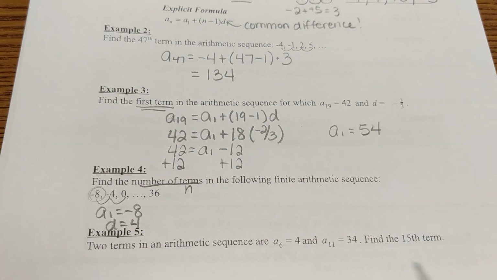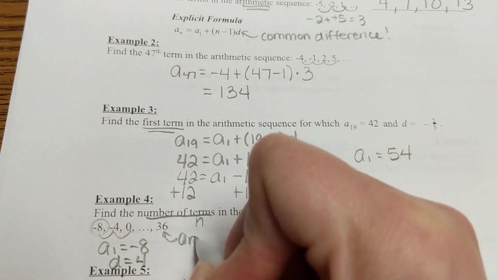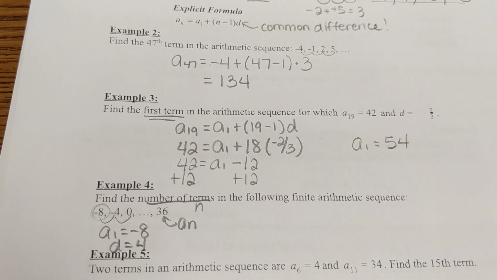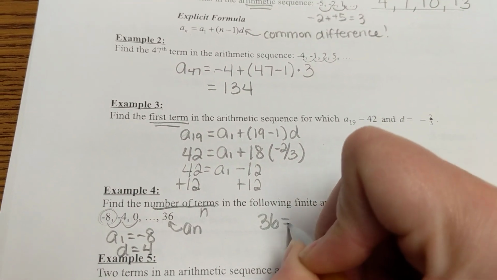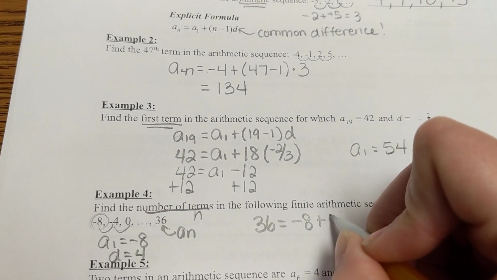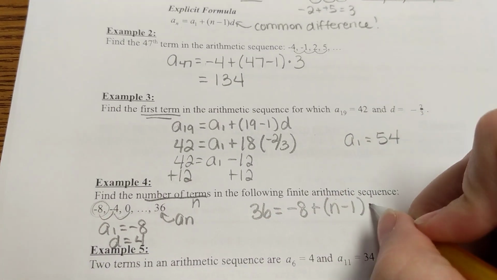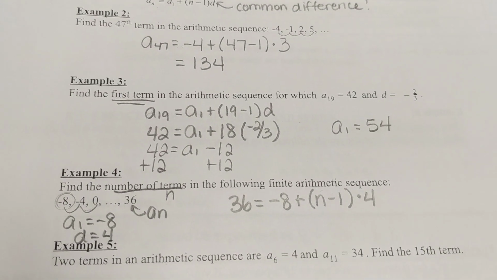And now I also know my last term. I know A sub n is 36. I don't know what the n term is, but I do know what A sub n is. So I'm going to plug that in. A sub n equals A sub 1 plus, I don't know n, and I do know d. And so now we can solve for n.